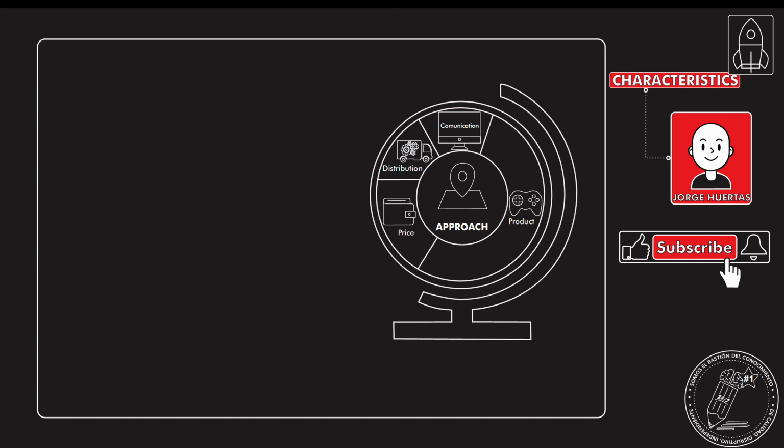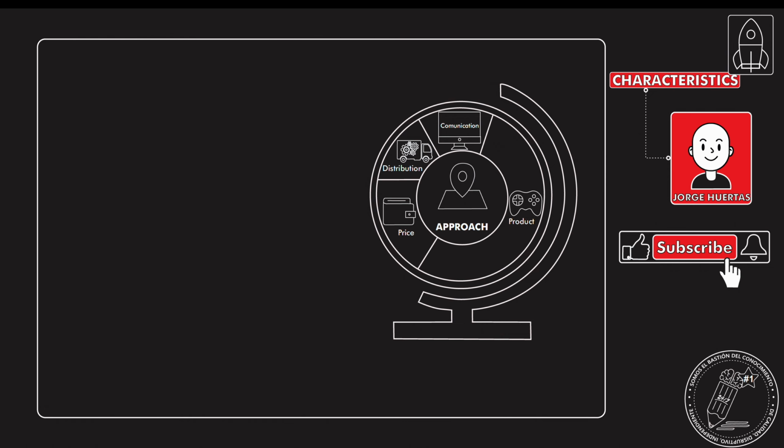For example, Walmart. Walmart is a big company, a multinational, and when you see the products of Walmart, they always say this is very low, this is the cheapest on the market, and they push that kind of message.